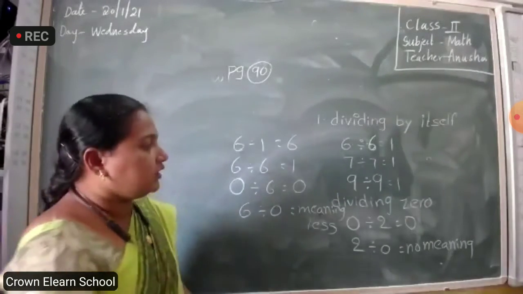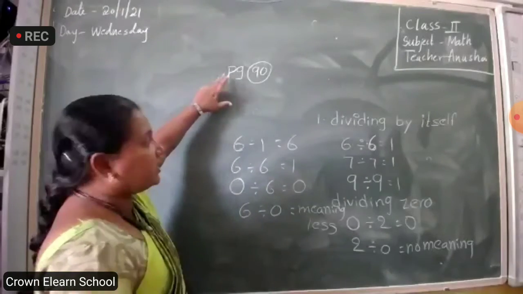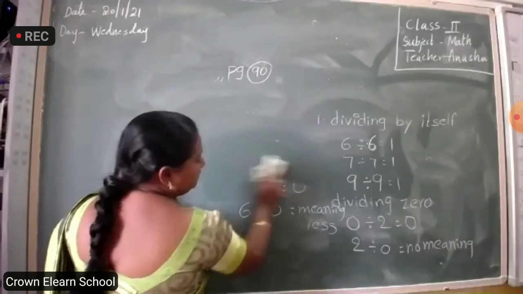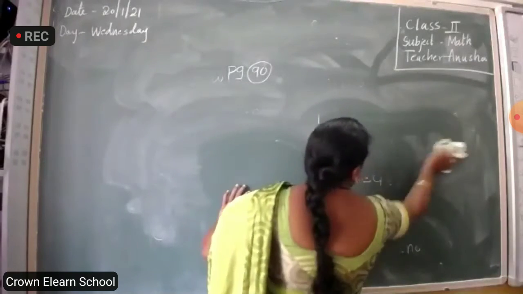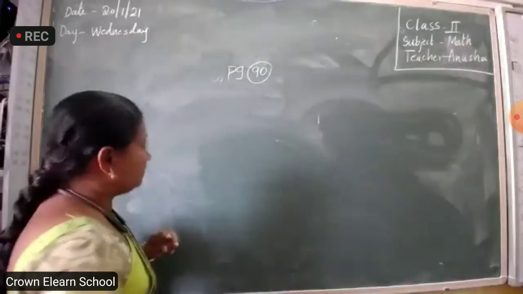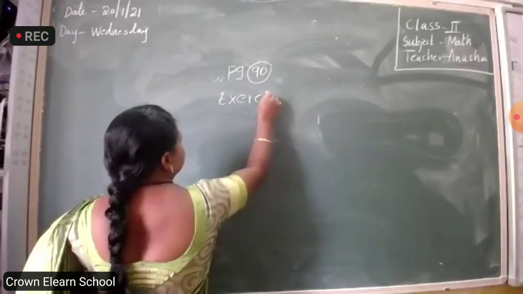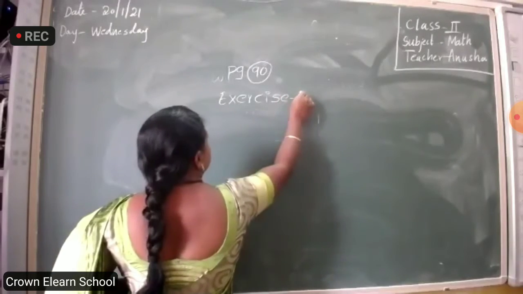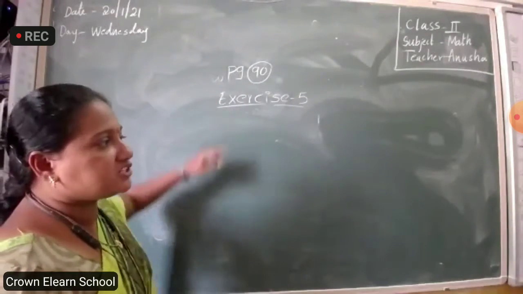Okay? Now, look at exercise number 5, textbook, page number 90. Exercise 5, page number 90, Nana.